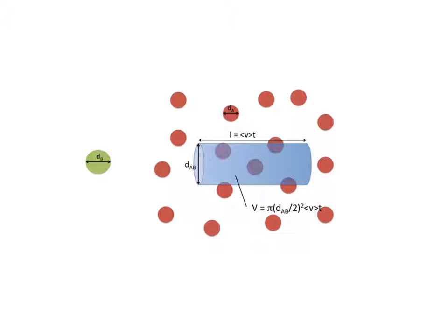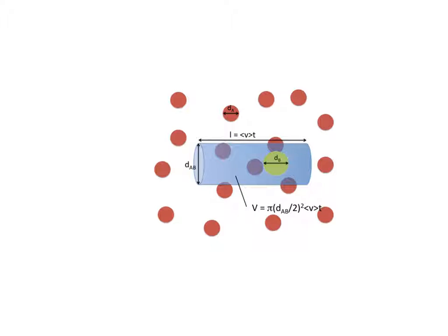The reason we're going to do that is because if that's the case, then when my B molecule comes into this cylinder, then if an A molecule is at least halfway in the cylinder, then the B molecule will exactly touch the A molecule and will collide with it.